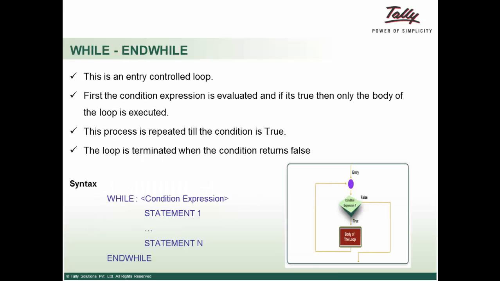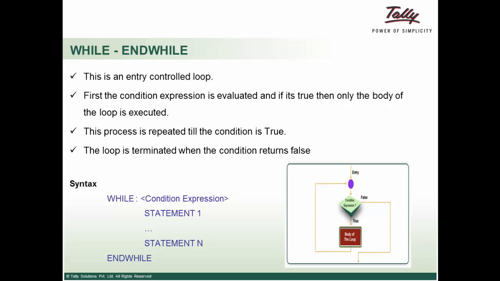While and ENDWHILE loop. This is an entry controlled loop. The first condition expression is evaluated, and if it's true, then only the set of statements are executed, and the process is continuously done.